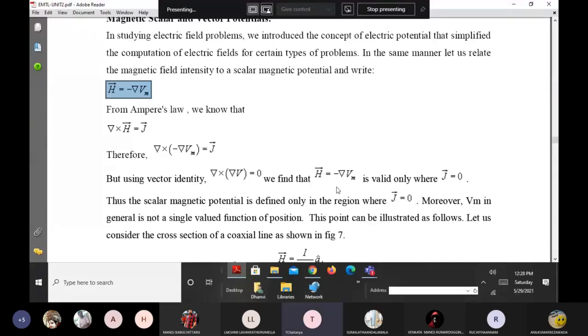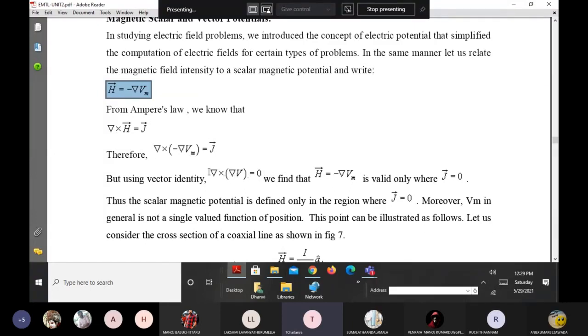So H bar equal to minus del V suffix M is valid for J equal to 0 only. It's a condition: whenever J becomes 0, del cross minus del Vm is equal to 0. This is from the vector identity, curl of gradient of a scalar becomes 0.